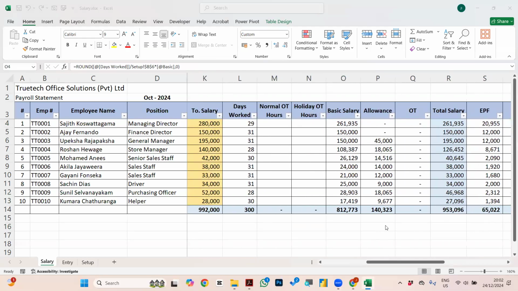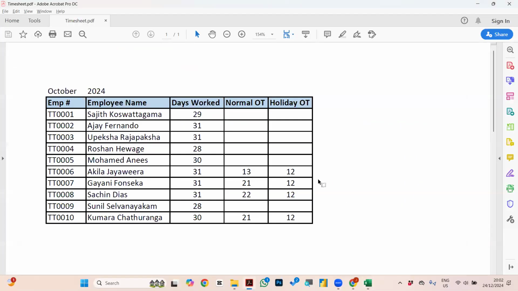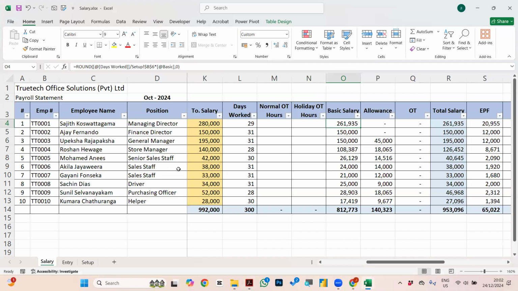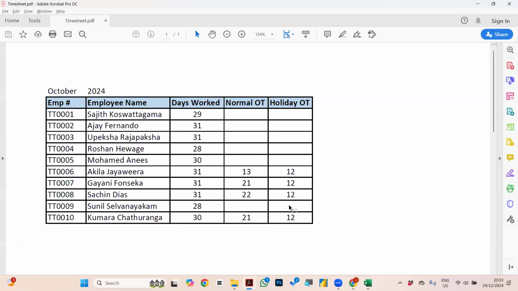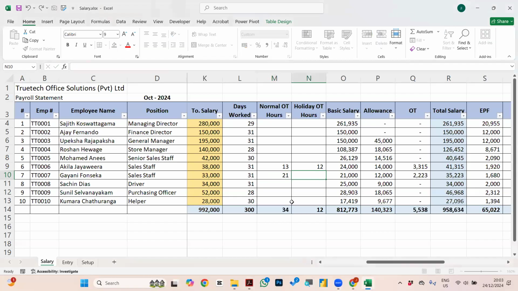Also, there are some overtimes they did. Akila, 13 and 12. So I'm going to find Akila: normal overtime 13, and special holiday overtime 12. Also Gayani, 21 and 12. You will receive this timesheet, the time and work details, from HR: how many days they worked and all those things.